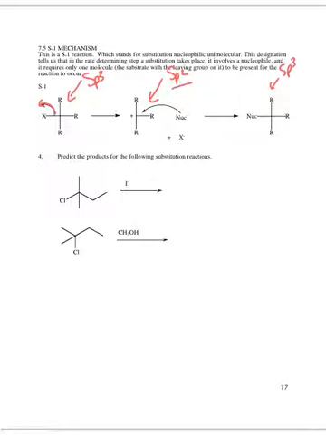So remember, an sp2 hybridized carbon is trigonal planar, and the nucleophile can add from either side of that trigonal planar cation.